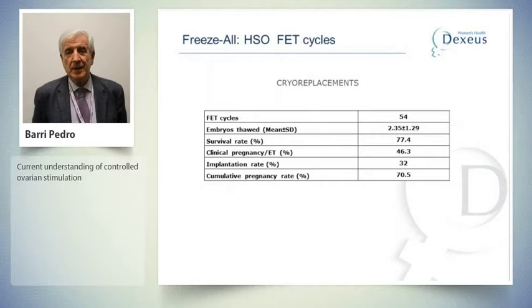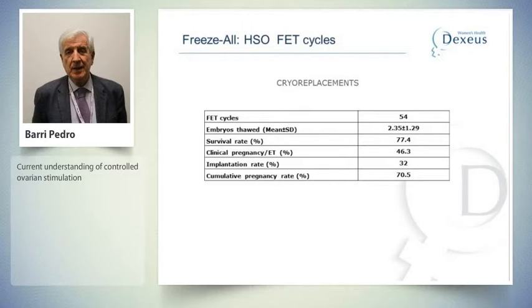And if we consider that these patients could also benefit from freezing surplus embryos, and they can also benefit from extra frozen cycles, here we have had 54 frozen cycles. The mean number of embryos thawed 2.3, survival rate after thawing 77%, and clinical pregnancy rate in this frozen cycle 46%, and the cumulative pregnancy rate 70%.